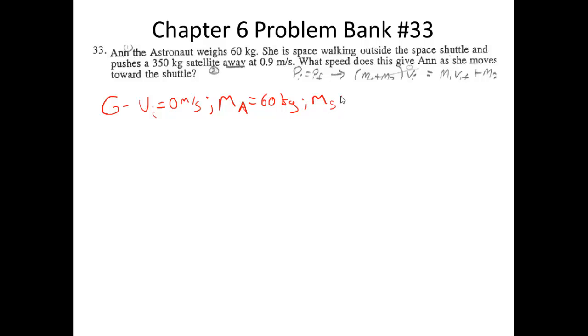The mass of the satellite is equal to 350 kilograms. The final velocity of the satellite is equal to 0.9 meters per second. Our unknown is the final velocity of Ann.